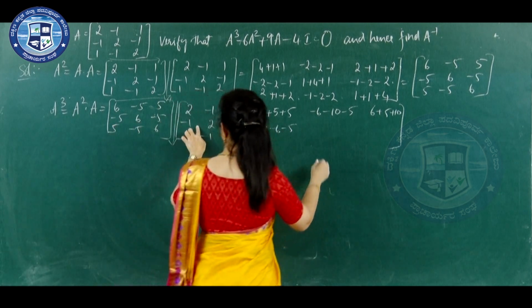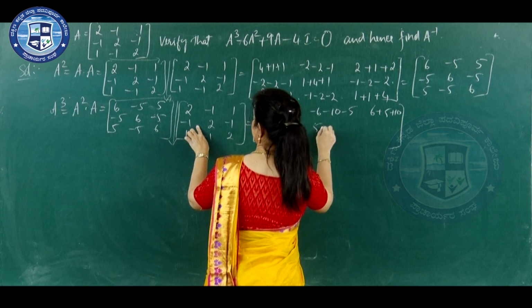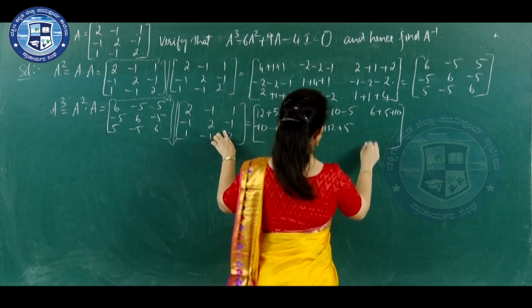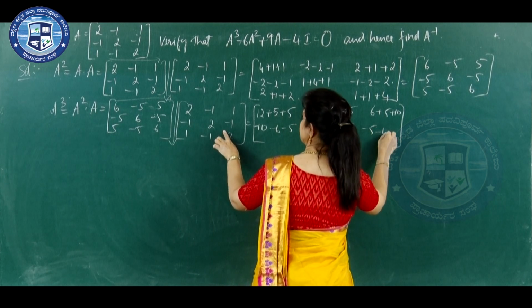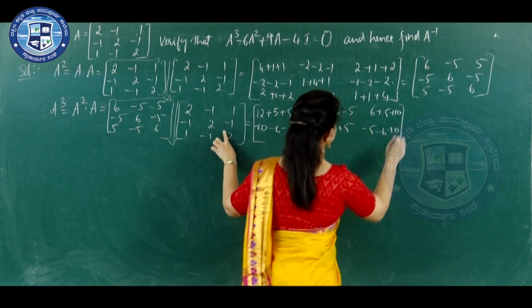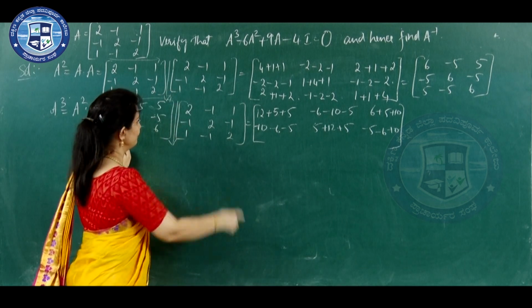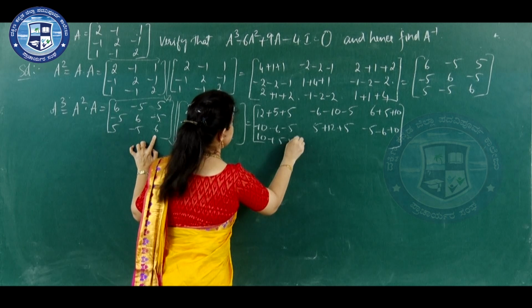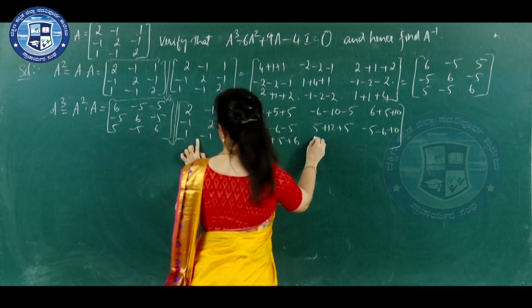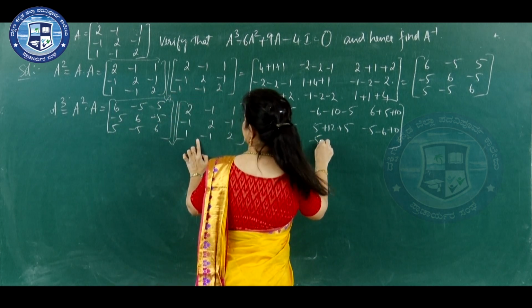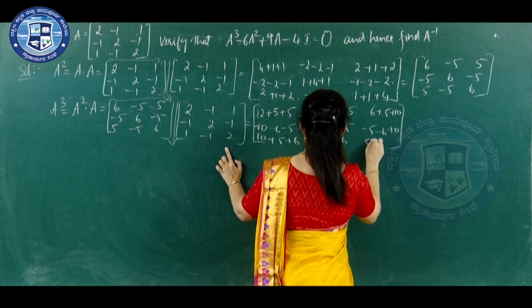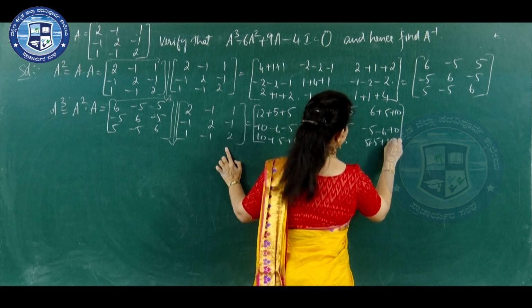Second row second column, 5 plus 12 plus 5. Second row third column, minus 5 minus 6 minus 10. Now, third row first column, 10 plus 5 plus 6. Third row second column, minus 5 minus 10 minus 6. Third row third column, 5 plus 12.